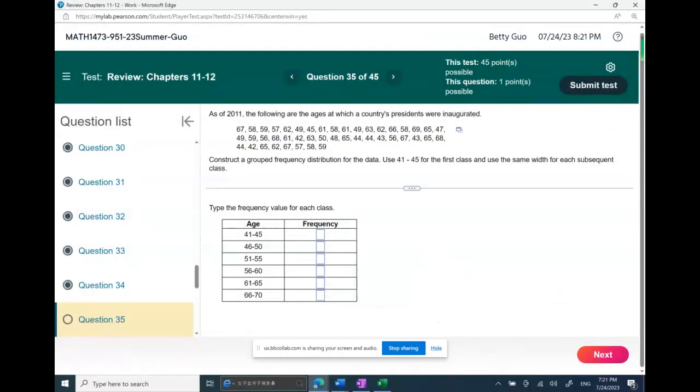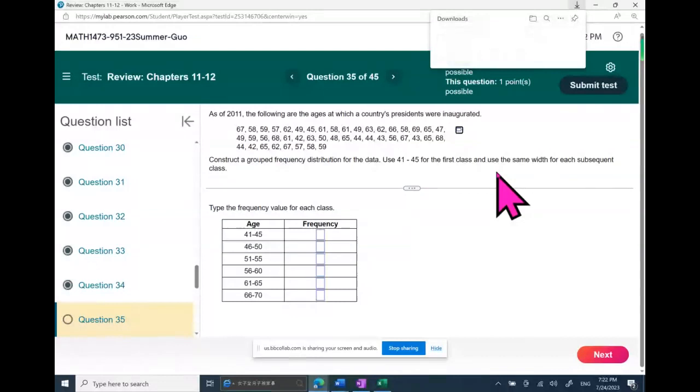If it's me, I really need Excel to help me finish this grouped frequency distribution table. Otherwise, I don't have 100% accuracy. Okay, let's see. How do we use Excel to process this problem?